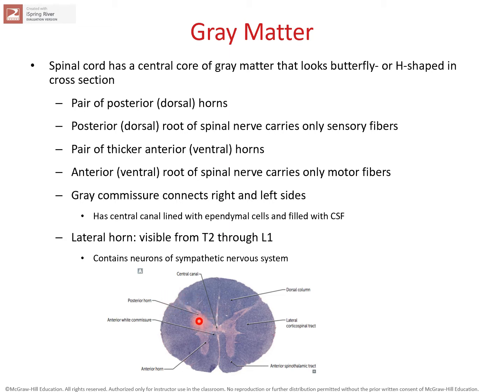So the posterior gray horn is the region that carries the root of sensory nerves only. Okay, so the sensory nerves enter the spinal cord from the back. So they're going to carry sensory information from the visceral and superficial organs, somatic structures, and then enter the spinal cord from the back.